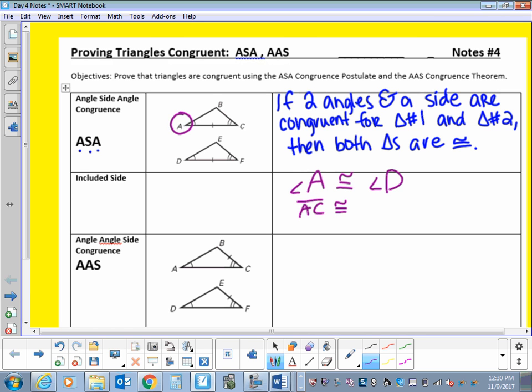Side DF. And Carrie, angle C is congruent to what? Angle F. So this is our angle, side, angle.